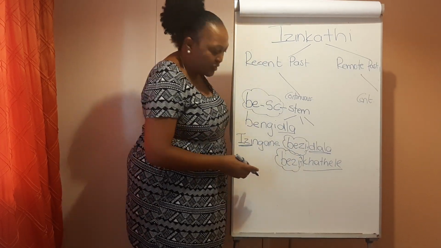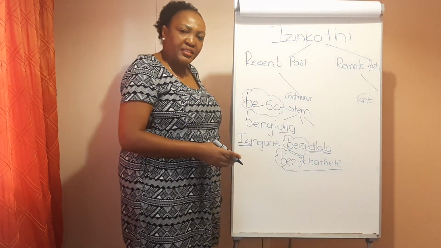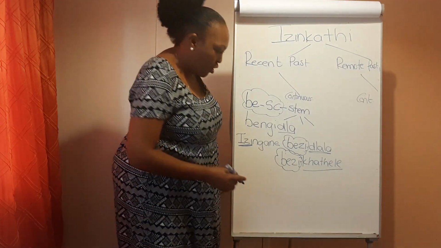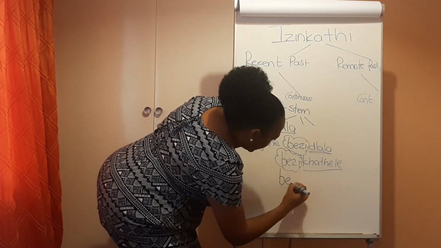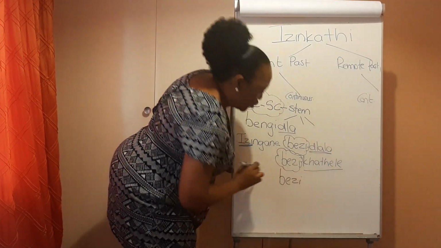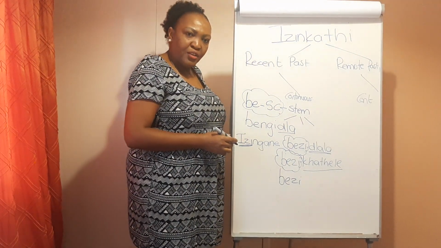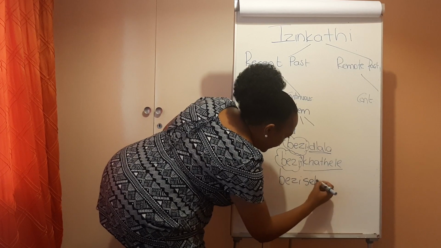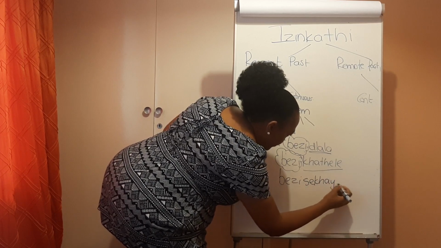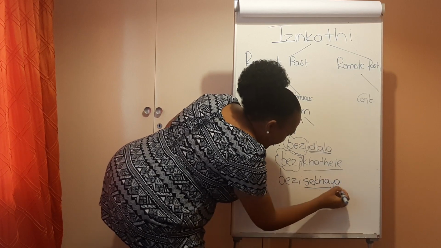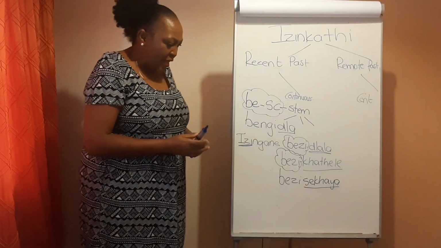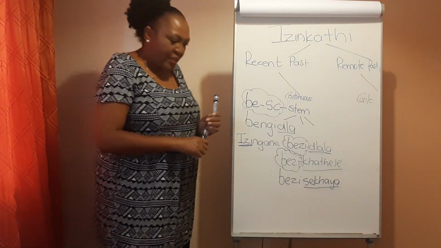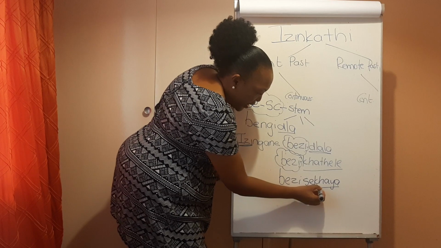And using the third type of stem, which we said is a copulative, we're still talking about children. So the prefix is going to remain bezi. So izingane bezi, and the stem is sekhaya. We know that it is a locative prefix, and your locative in that word is ekhaya.